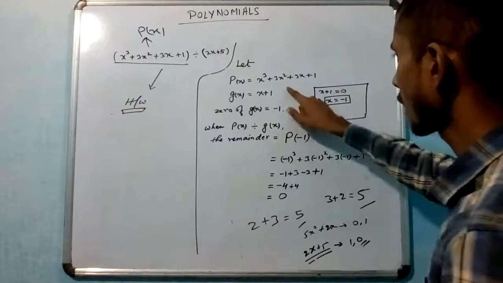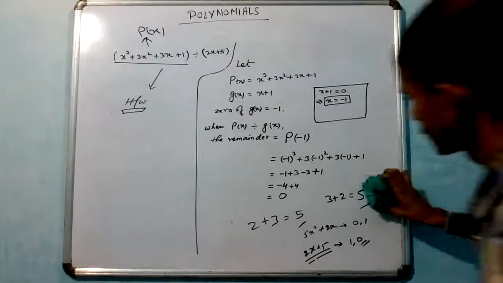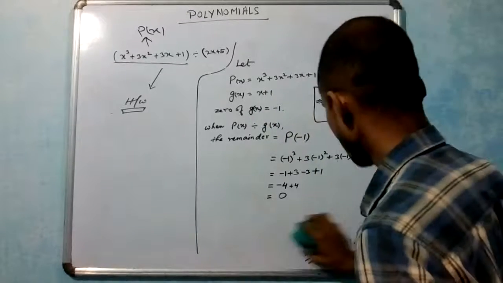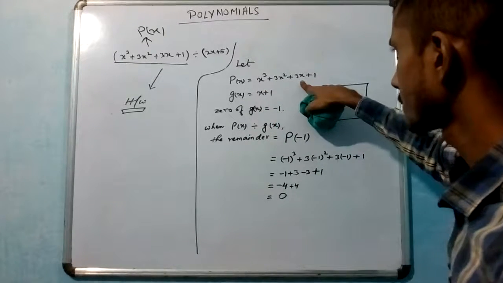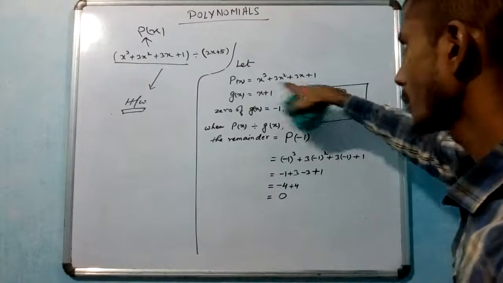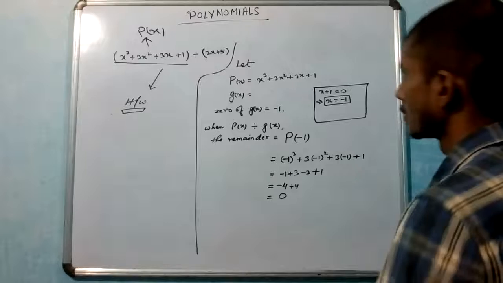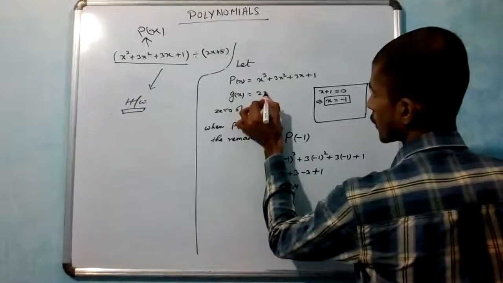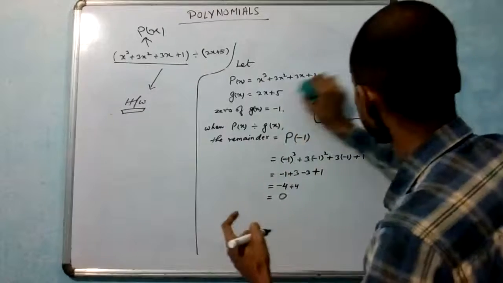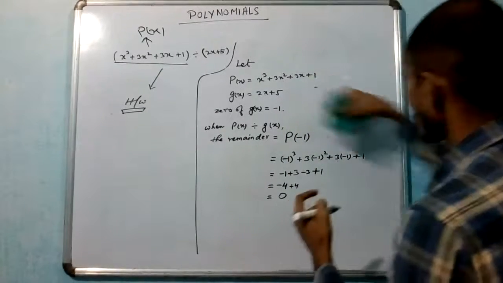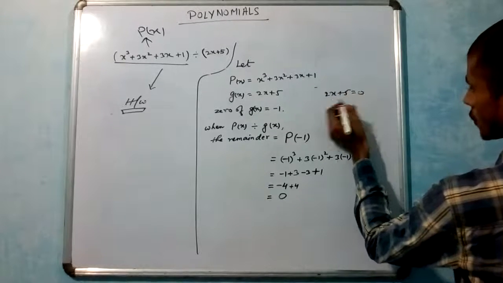Now come on, tell me here, without actual division, how can we find the remainder? What should I change here? Px is correct, that will be the same. Now in place of gx, what should I write? 2x plus 5, okay. So what will be the 0 of 2x plus 5? 2x plus 5 is equal to 0.